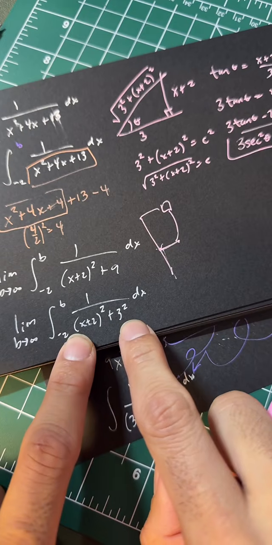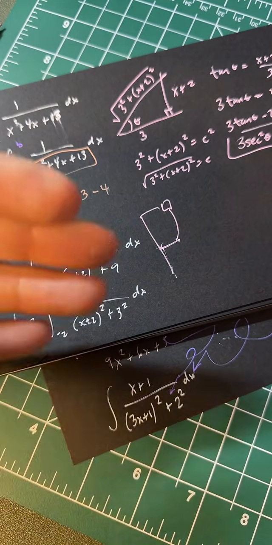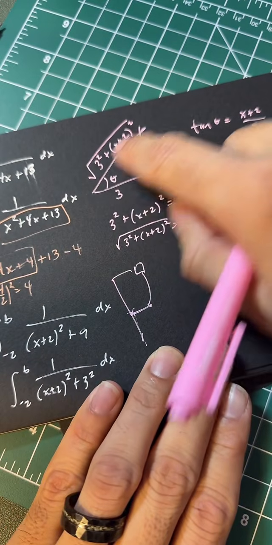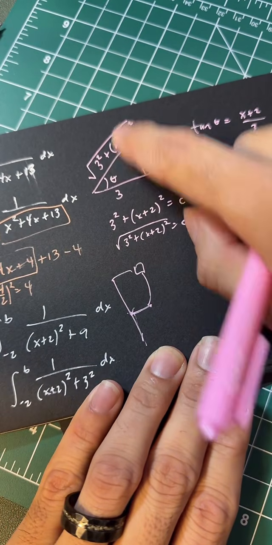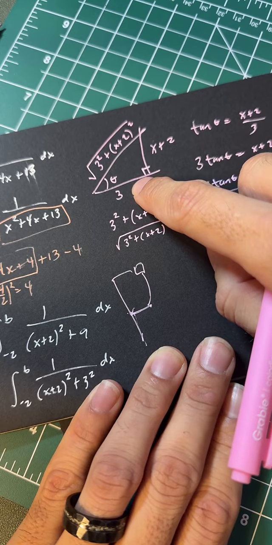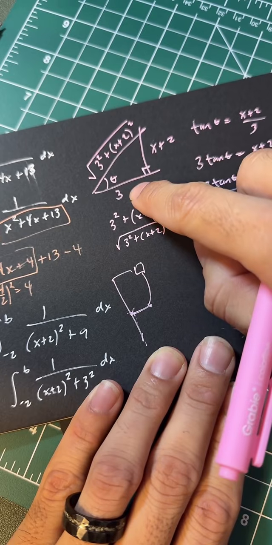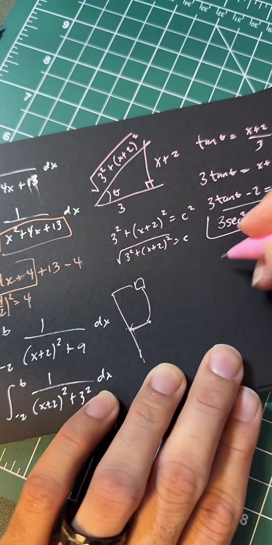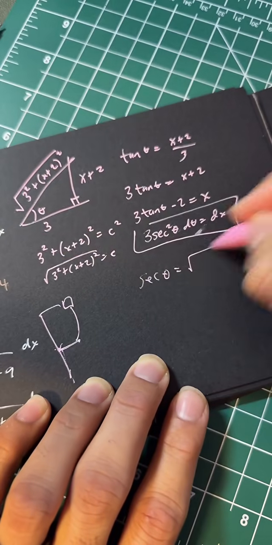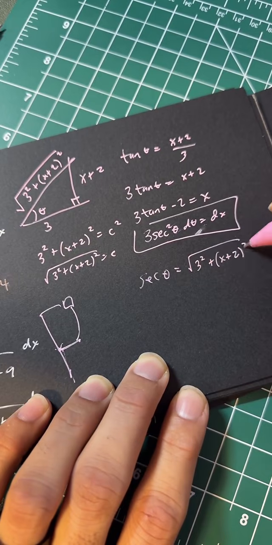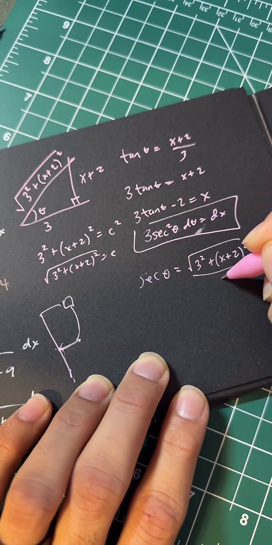Now we need an expression for this entire thing because we're turning our entire integral in terms of theta. Well, we have it right here in the hypotenuse. So I'm going to use the hypotenuse, and another side that's not a variable, the adjacent. Hypotenuse over adjacent, that's secant. So secant theta is equal to the hypotenuse, the square root of 3 squared plus (x plus 2) squared, all over 3.